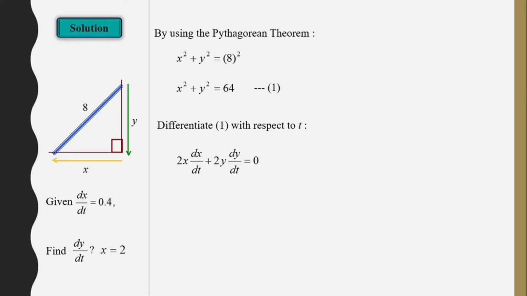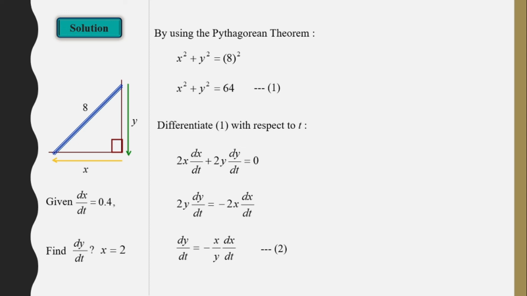Because we want to find dy/dt, we rearrange the equation and get dy/dt equal to negative x over y times dx/dt, and let it be equation 2.